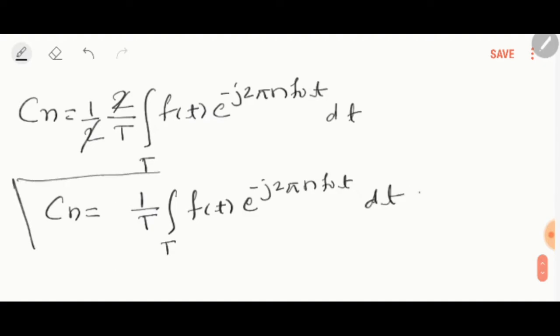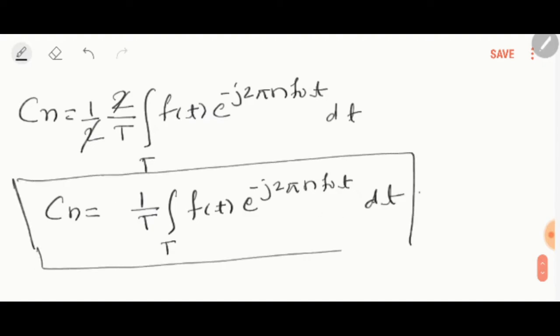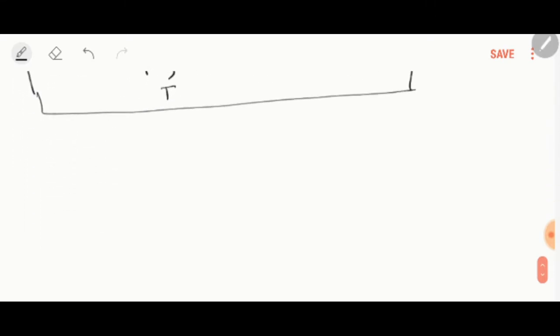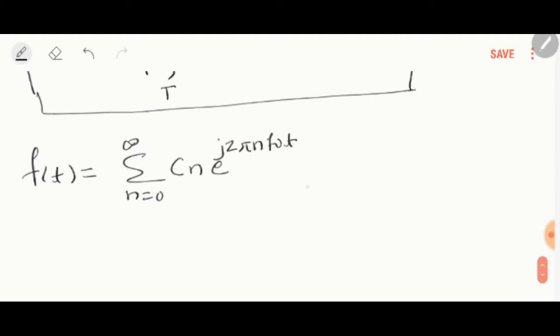So this is our definition of Cn, and the definition of ft will be n from 0 to infinity Cn e to the power j 2 pi n f naught t. But this was not sufficient because this was having j terms.